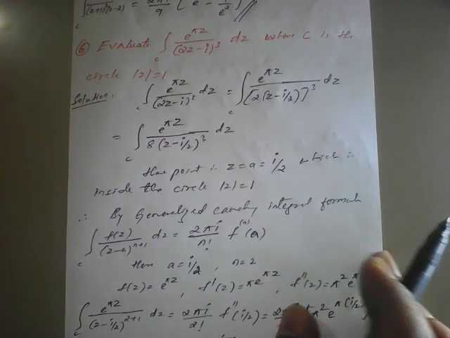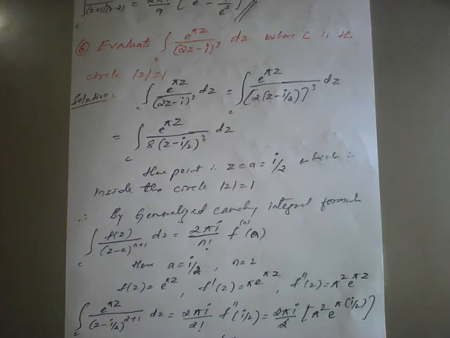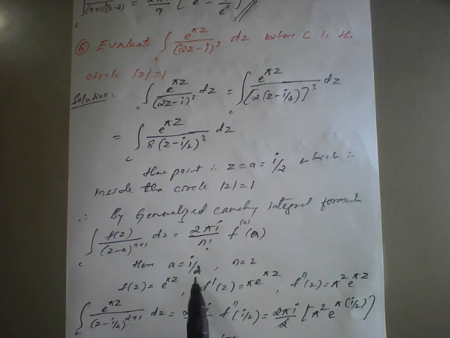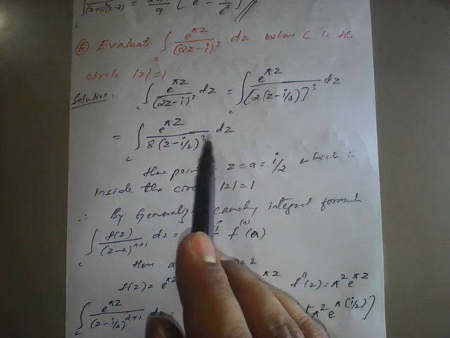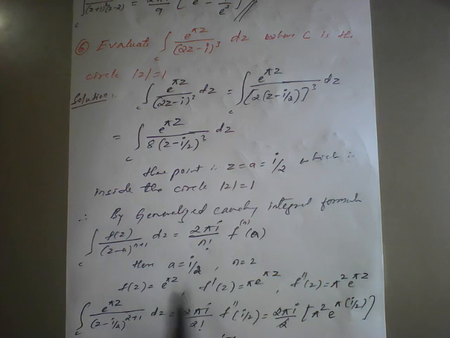Before simplifying, see that the value of a is i upon 2 and n is 2, because the power 3 can be written as n plus 1, so n is 2.